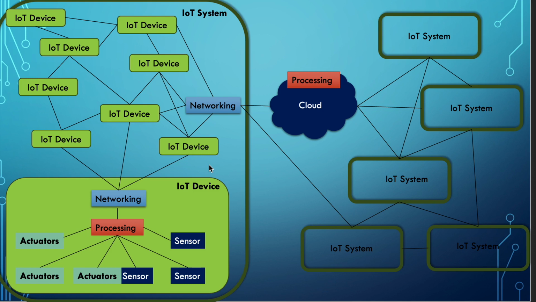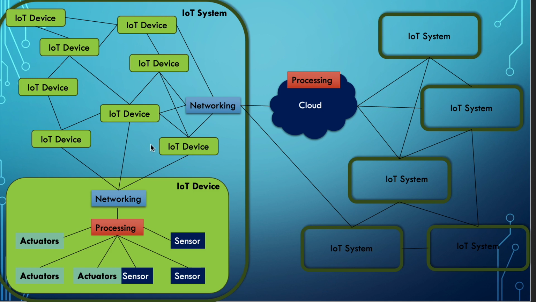Some IoT devices run on battery power as a power source. In that scenario, it is better to have the lowest consumption of electricity so the IoT device works efficiently for a long time, right?